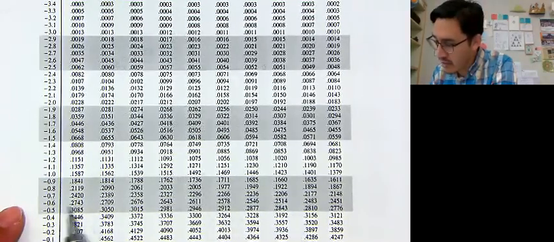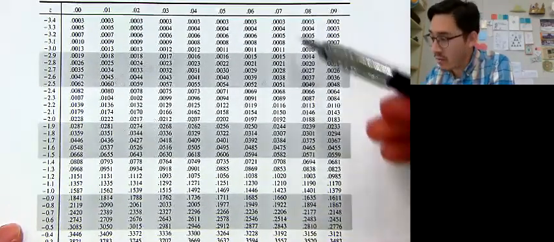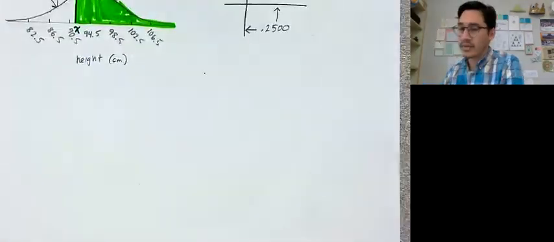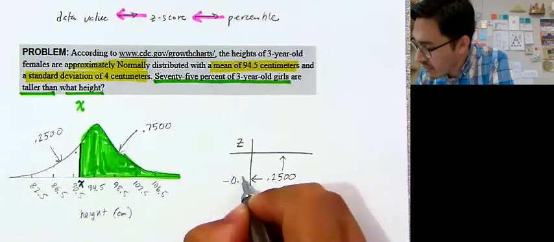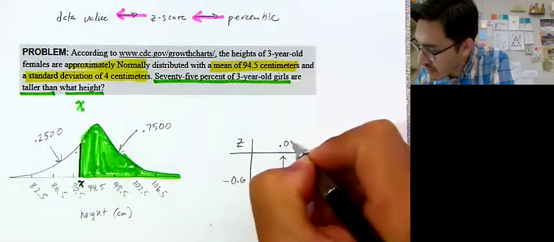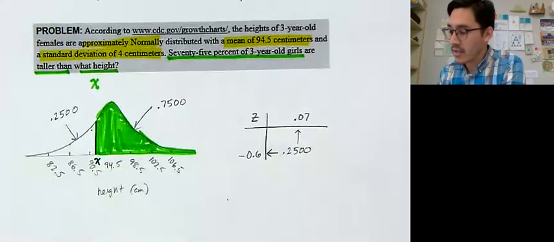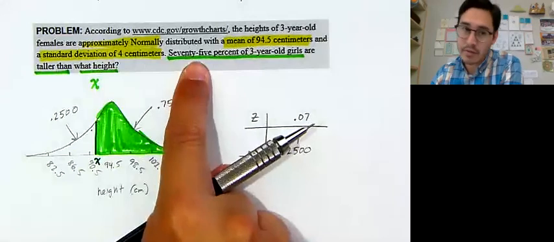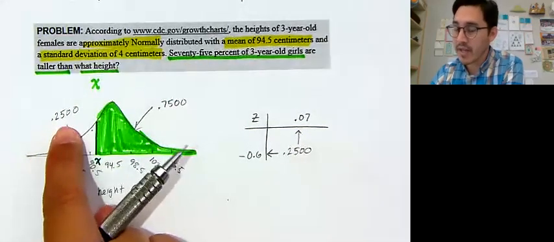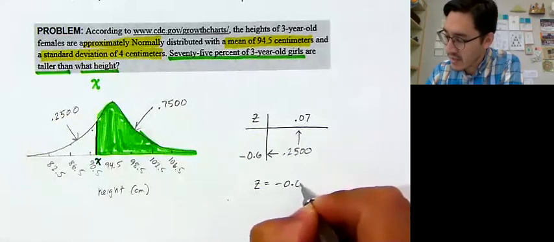It's in the row of negative 0.6. And then what column is it in? It's in the column of 0.07. So negative 0.6 and 0.07. Okay, so now we know that a percentage of 75%, which is equivalent to a percentile of 25%, corresponds to a z-score of negative 0.67.